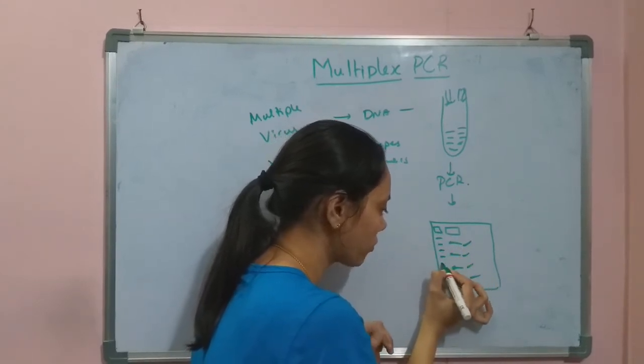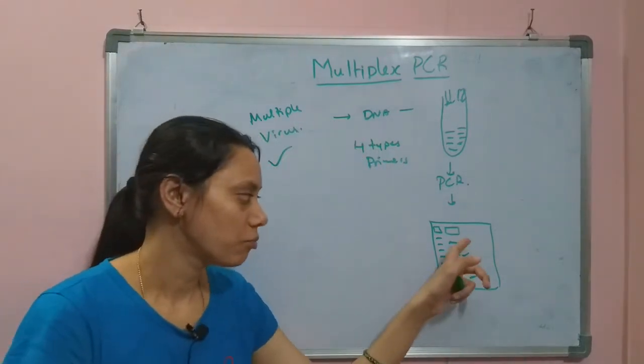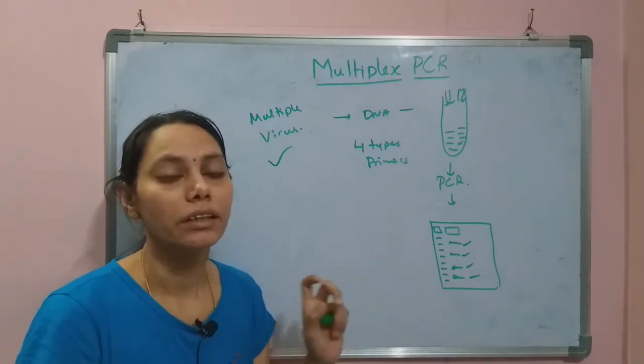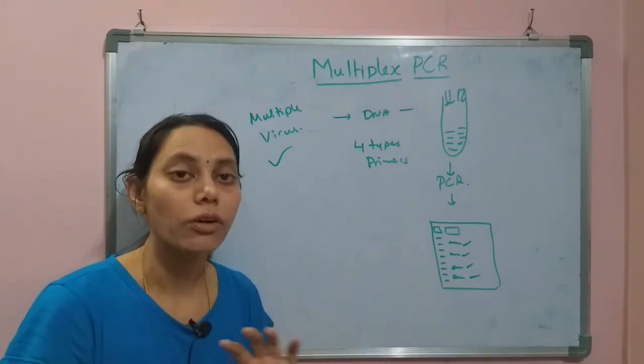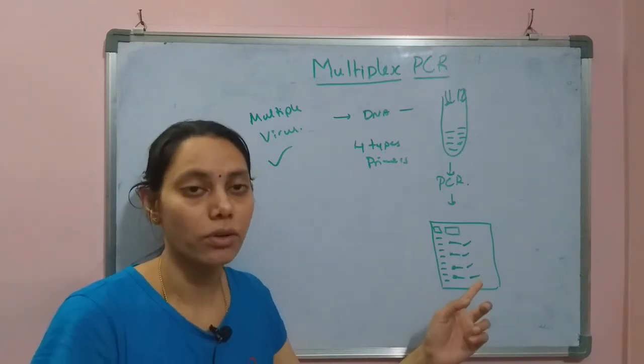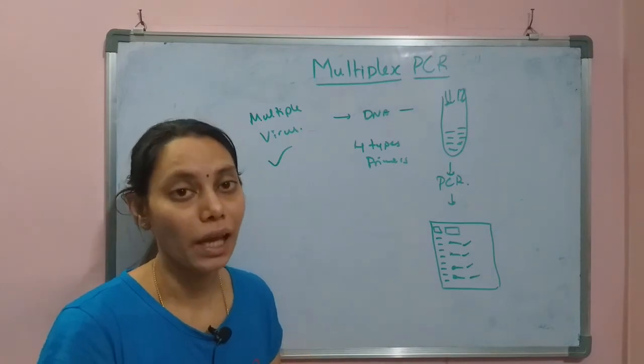These molecular weight markers are useful to determine the molecular weights of these bands so that we can detect whether all targets are amplified or not. So this is how the multiplex PCR will be carried out.